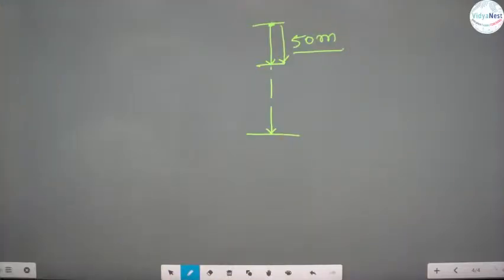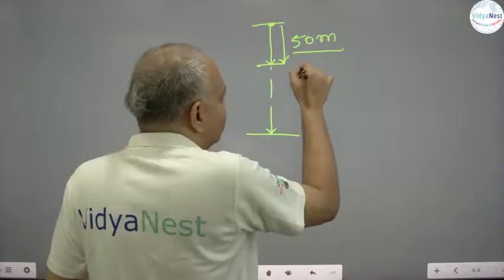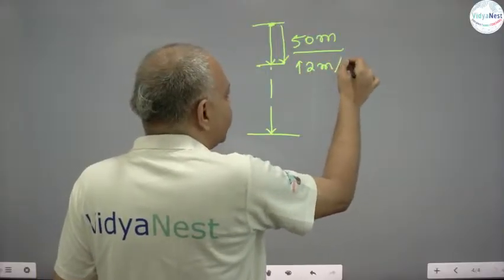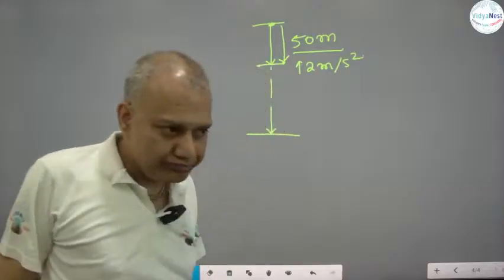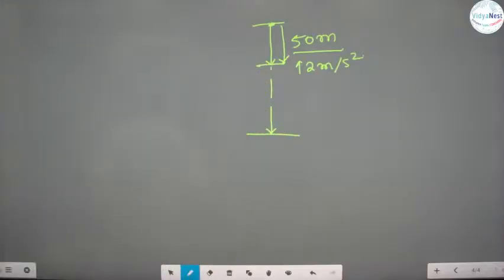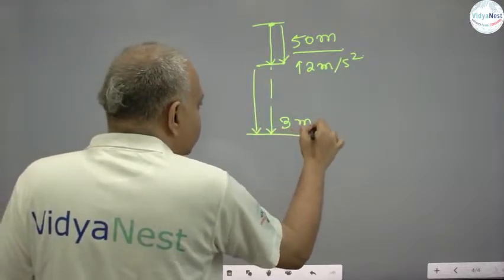And now its parachute opens. When the parachute opens, retardation starts. It is experiencing a retardation of 2 meter per second square. Its retardation is 2 meter per second square. Now he reaches the ground with a velocity 3 meter per second.